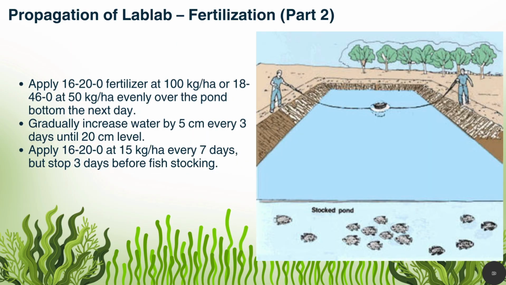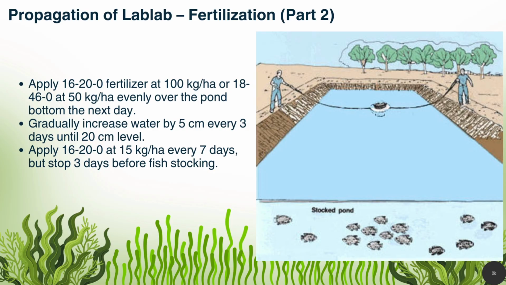The next step involves adding mineral fertilizers to support lablab growth. On the following day, 16-20-0 fertilizer at 100 kilograms per hectare or 18-46-0 at 50 kilograms per hectare is spread evenly across the fish pond. Water depth is gradually increased by 5 centimeters every 3 days until it reaches 20 centimeters.